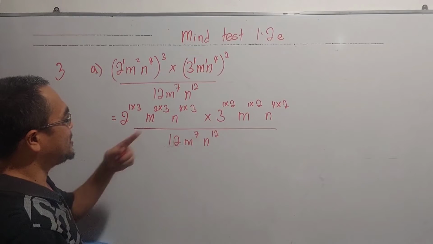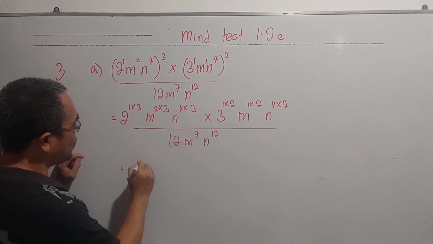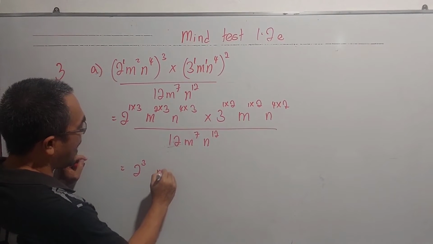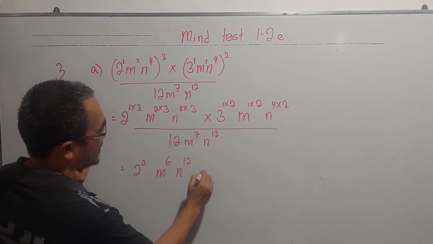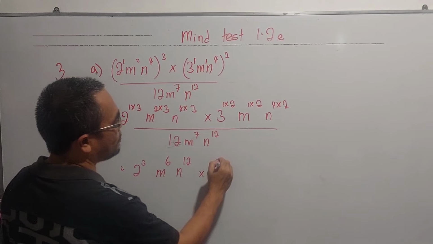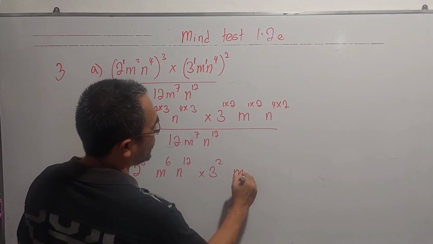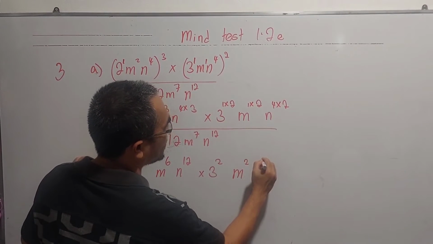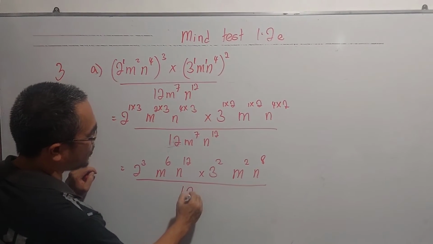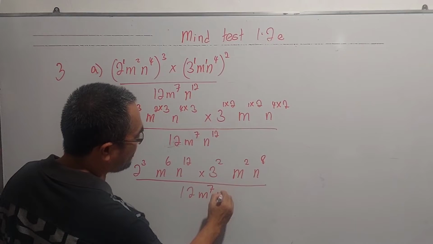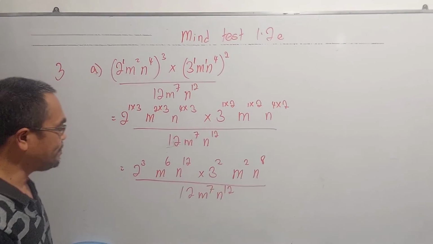Okay, so we simplify. So we have 2 to the power of 3, m to the power of 6, n to the power of 12, times 3 to the power of 2, m to the power of 2, n to the power of 8, divided by 12, m to the power of 7, n to the power of 12.